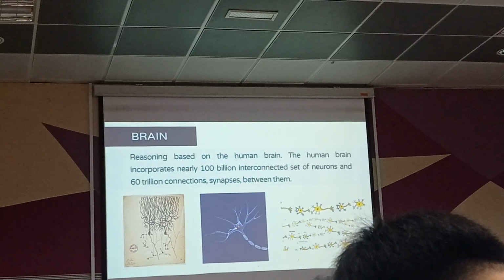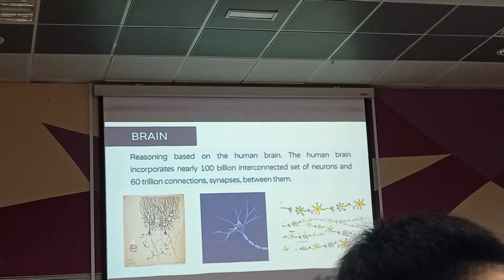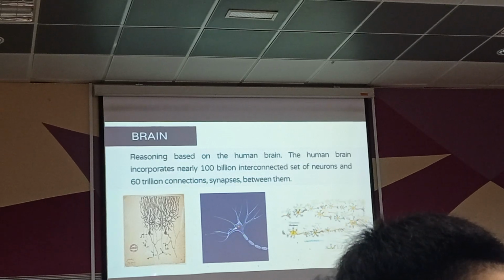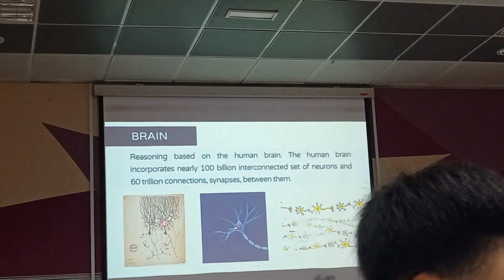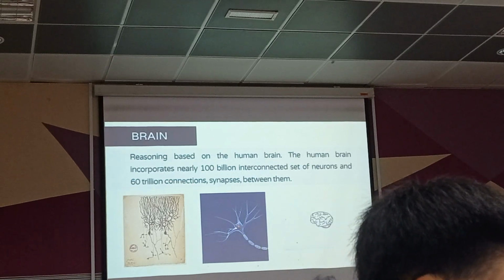Let's cover a little bit of the history of the neuron. On the bottom left corner here is the first version of the neuron, drawn by the very famous Spanish neuroscientist Santiago Ramón y Cajal in 1899.